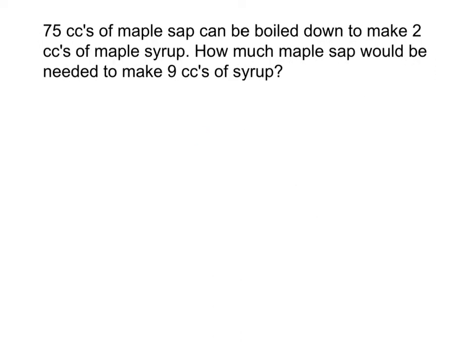In this second slide, we have a similar kind of problem where we have 75 cc's, which is a way of abbreviating cubic centimeters, of maple sap that can be boiled down to make 2 cc's of maple syrup. In other words, the process reduces 75 cc's of the sap that you take directly out of the tree to 2 cc's of pure maple syrup.